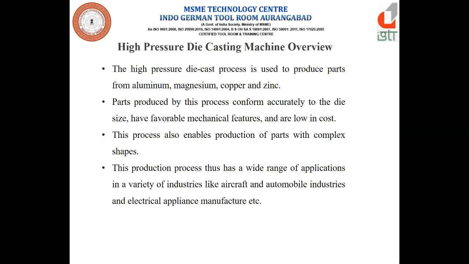The die has a stationary and a moving half, both mounted on the die casting machine platen. The die casting machine has an injection system that uses hydraulic and pressurized gas to move a piston forward, injecting the molten metal into the closed steel die.